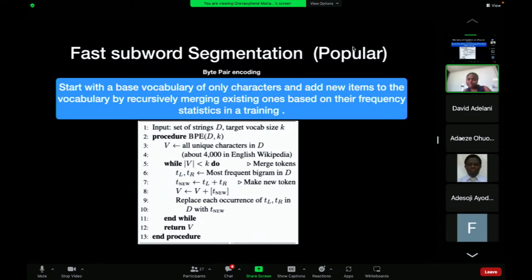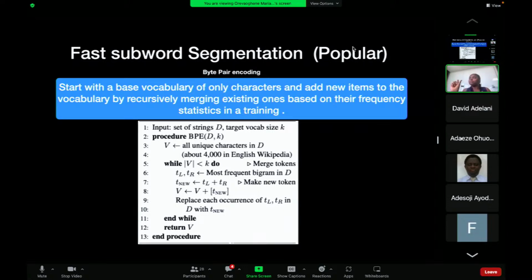So for fast subword segmentation, what typically happens is that you start with a base vocabulary of only characters, and then you pre-tokenize all your text into characters. Then you take bigrams.